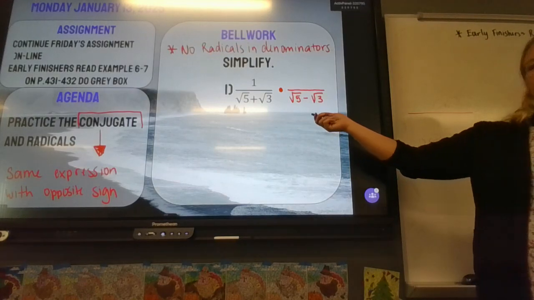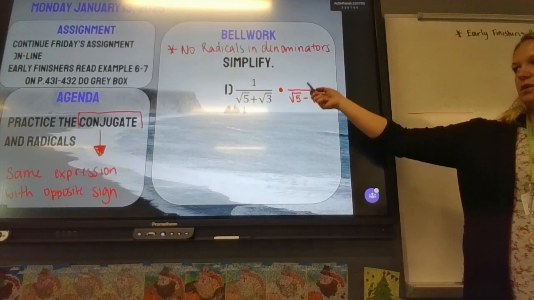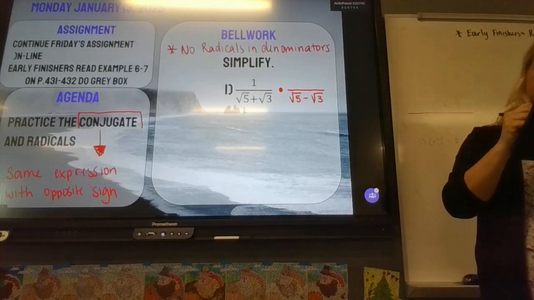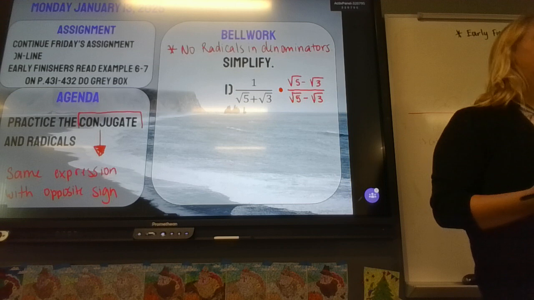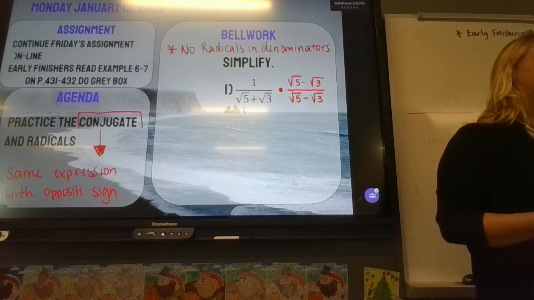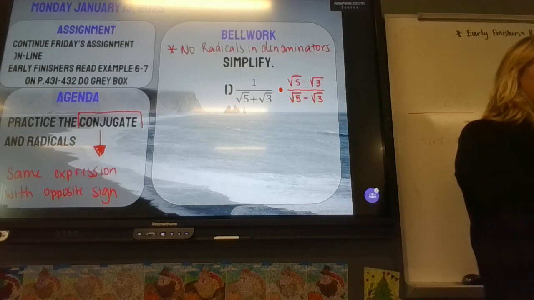When it comes to fractions, you have to make sure that you multiply the numerator and denominator. So I have to multiply this to the top and bottom. First, I'll distribute the top, and then we'll get into how.